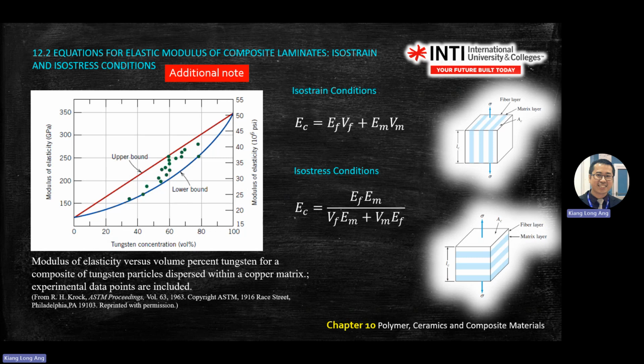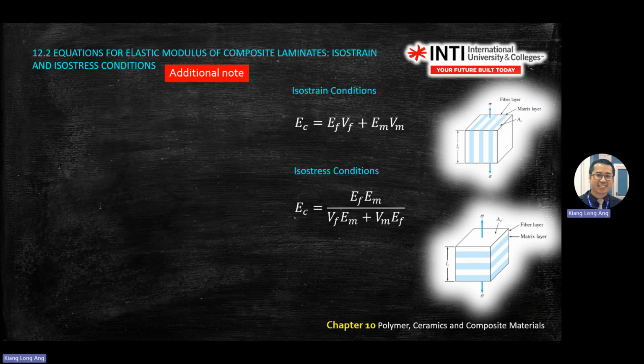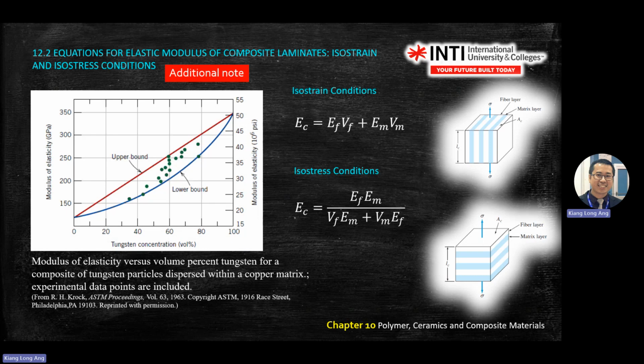If you see these two curves, it means this composite has two orientations: one is isostrain, one is isostress. So for the composite, you need to do two experiments, one isostrain and one isostress. Then you get two graphs here.